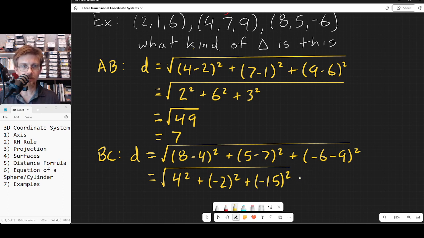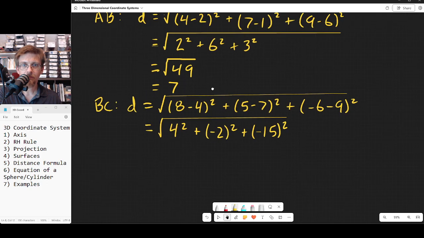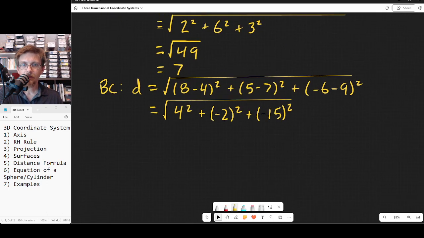So 16 plus 4 is 20, and then 15 squared is 225, so it's going to be the square root of 245.